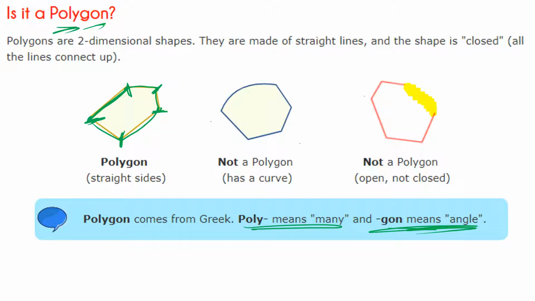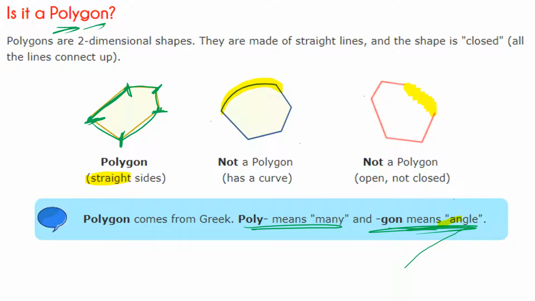It can't be open. Now, a polygon also has to have straight lines, meaning it can't curve. You can't have a curve on a polygon, which is one of the reasons why a circle would not be considered a polygon. Since a circle has no straight lines, it is just one continuous curve.